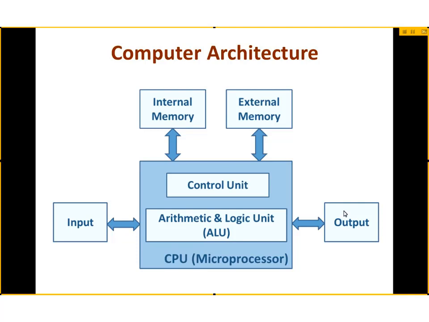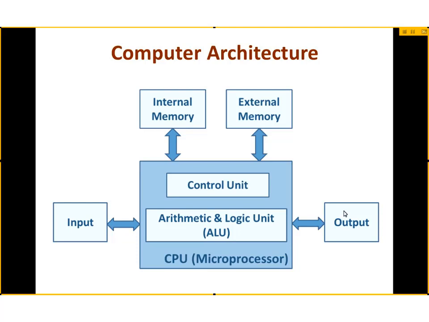We also have interfacing with this CPU a number of other important components. One is a collection of various input devices for getting information into the microprocessor, and various output devices for getting the information back to the user. We also have different types of memory.